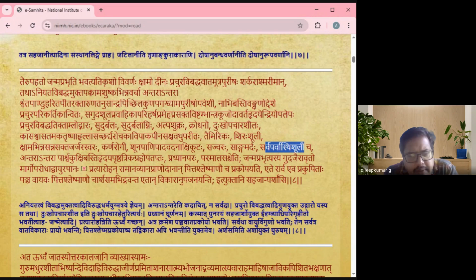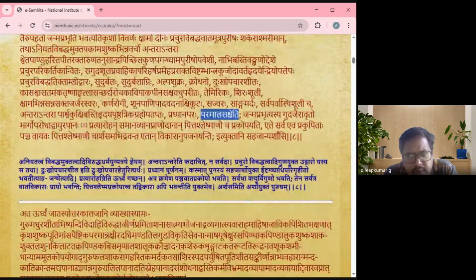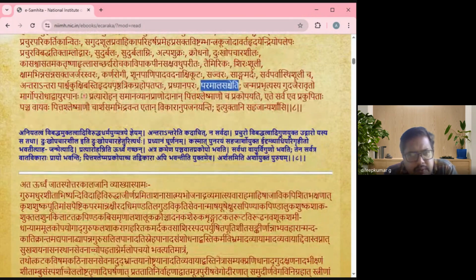You name any part of the body, there will be a disease. These are all the diseases associated with Sahaja Arshas. Parama Alasa, most lazy. Different types of diseases may be associated.